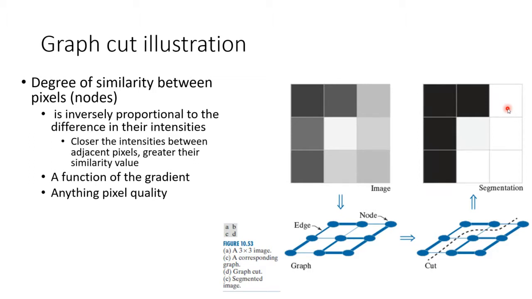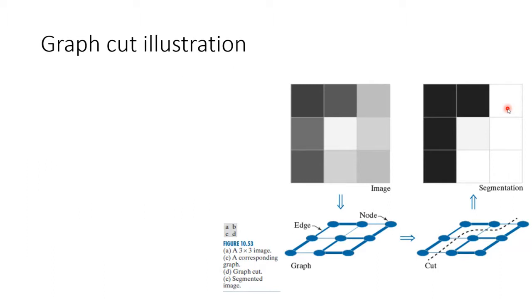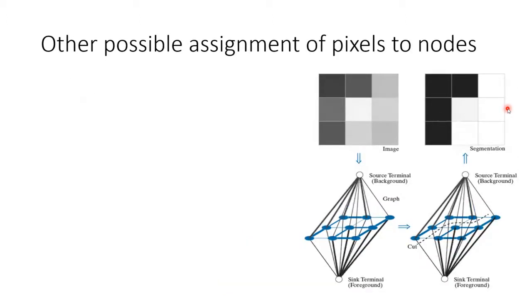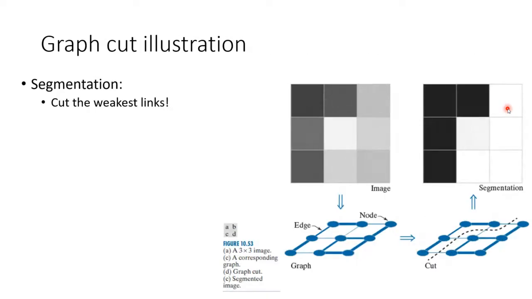Anything, basically, as I said, any pixel quality, you can use as a similarity between pixels. And the similarity is illustrated as thickness. The more similar, the thicker the edges. And for segmentation, you just basically cut the weakest links. Okay, so that's the main idea.